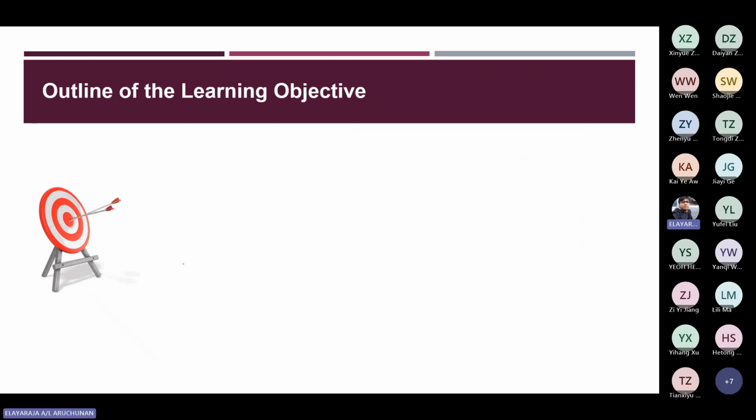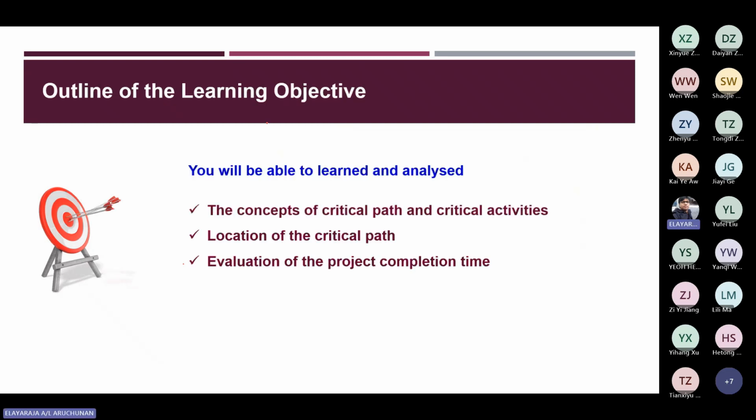The learning objectives for today's topic are the concept of the critical path and the critical activities. We're also going to learn about the location of the critical path, and then evaluate the project completion times.